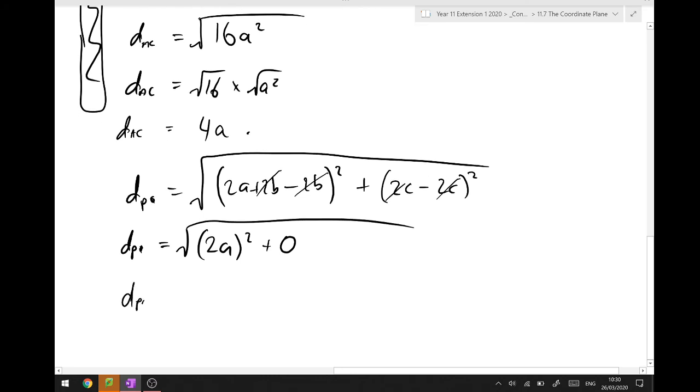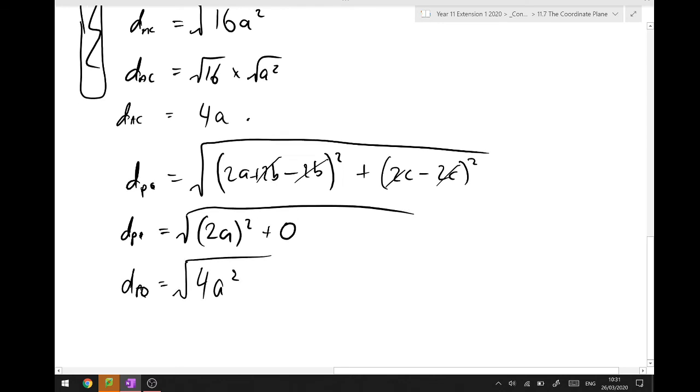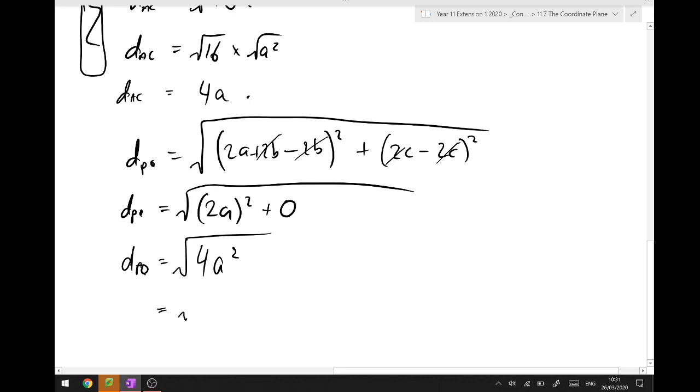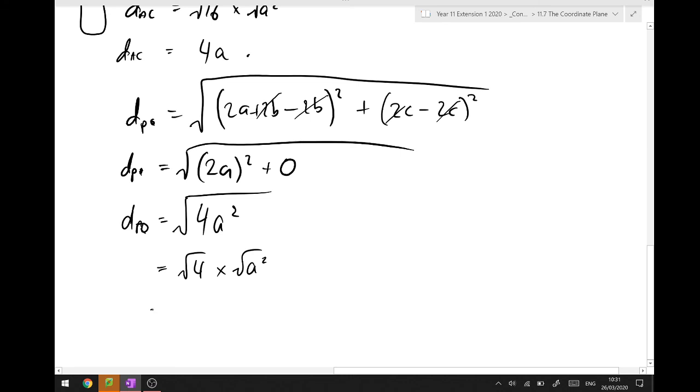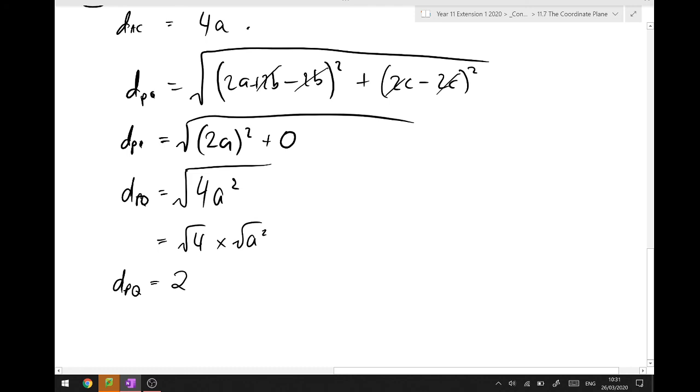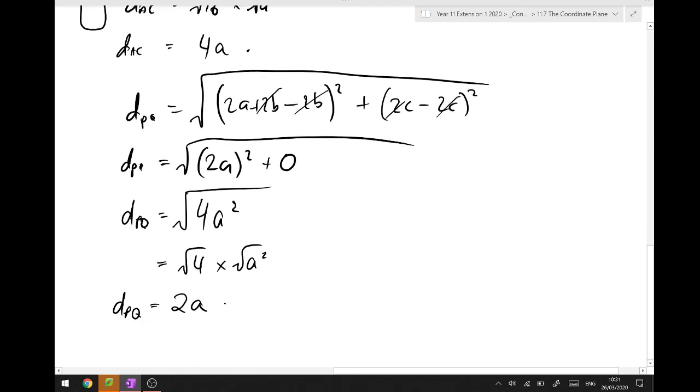So the distance of PQ is equal to the square root of 4a squared, which is the same as the square root of 4 times the square root of a squared. The square root of 4 is equal to 2, and the square root of a squared is just a, so D of PQ is equal to 2a.